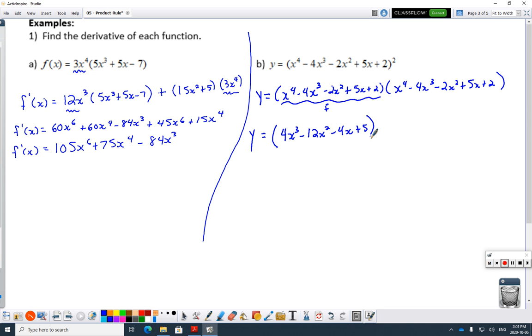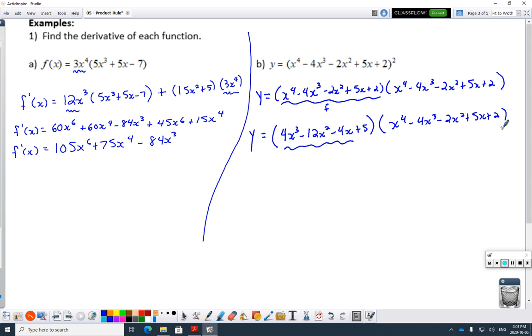Get rid of the first times the second. So I don't do anything with the second here. Oh, I'm underlining that for you underline people. And that's the g for you f and g people. F prime g. Or get rid of the first times the second.